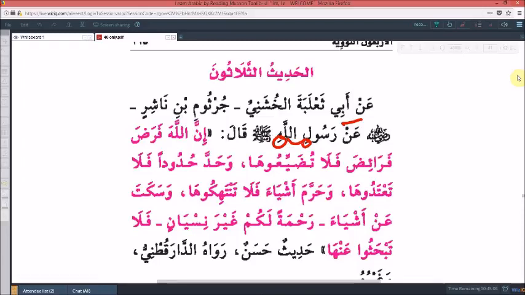صلى الله عليه وسلم قال إن الله. Here we have inna, a harf nasb, a particle which makes what follows it mansub. Inna Allaha farada fara'ida. Farada is obligated, right?